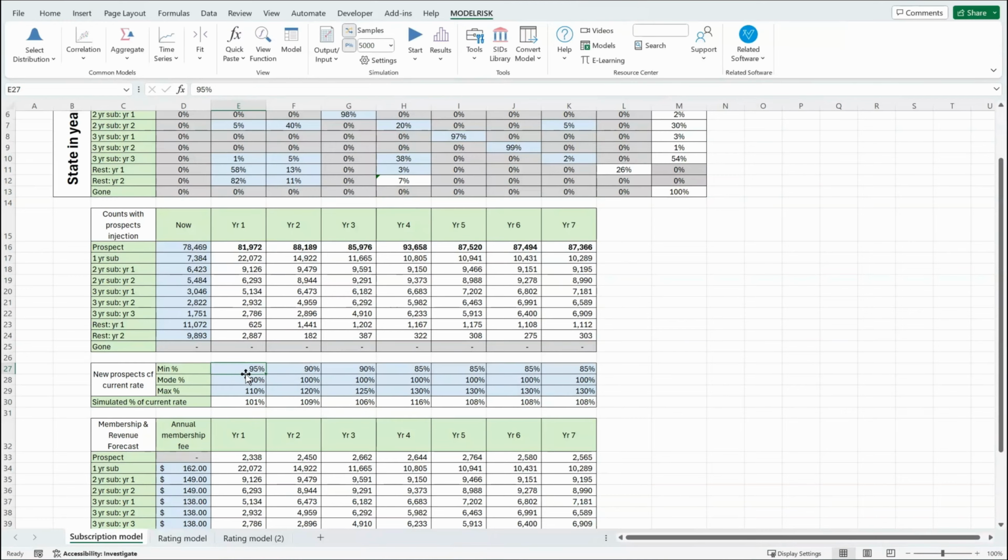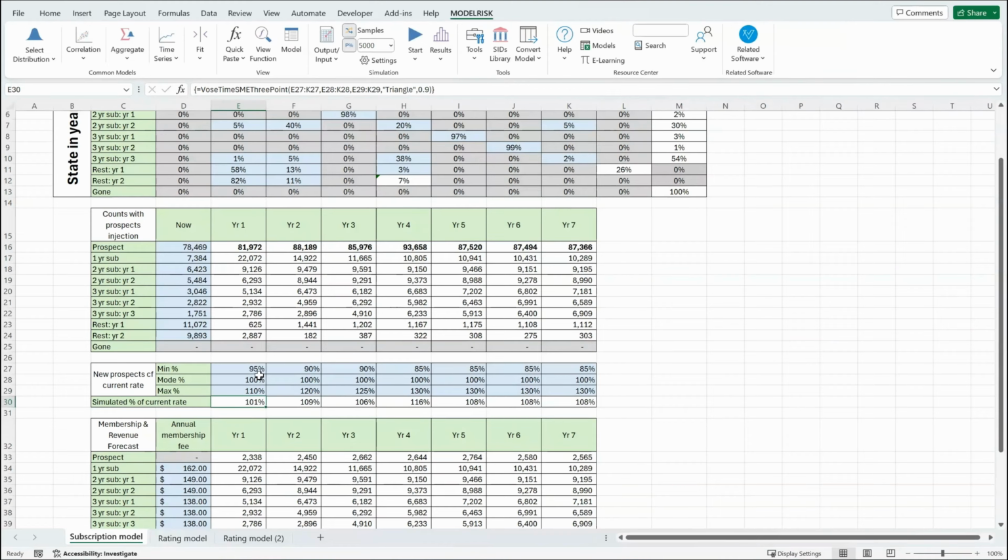And you can see that we're becoming progressively more uncertain. So 95% is a minimum the next year, and then it becomes more than that. It could be as little as 85% going out into year 7, but it could be 110% as a maximum next year, and up to 120, 125, 130% going out into the future.